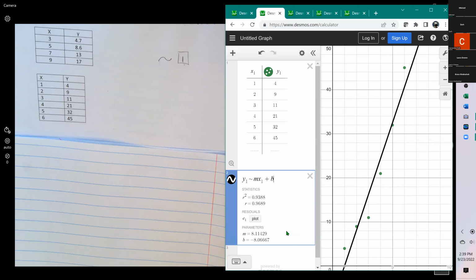So I put y1 similar to mx1 plus b. And notice r squared is 0.9388. So it's still strong, even though these points are not on the line. They're close enough that it's still a really strong relationship.